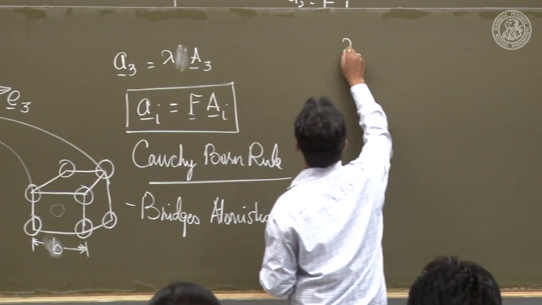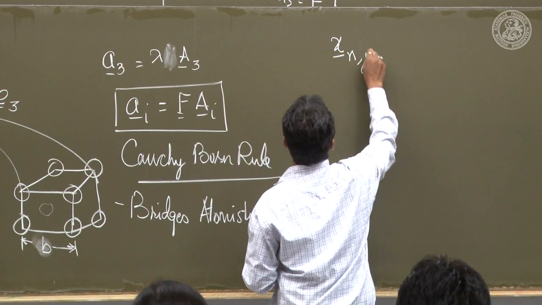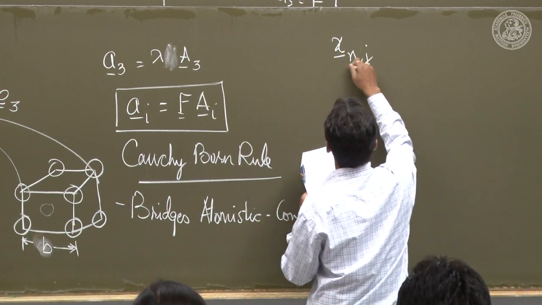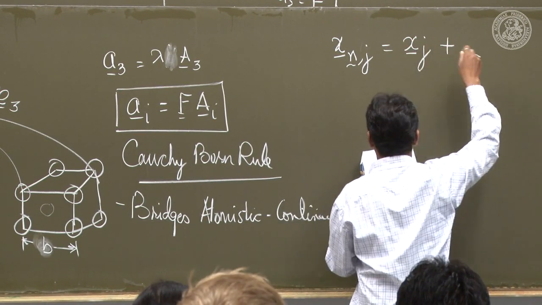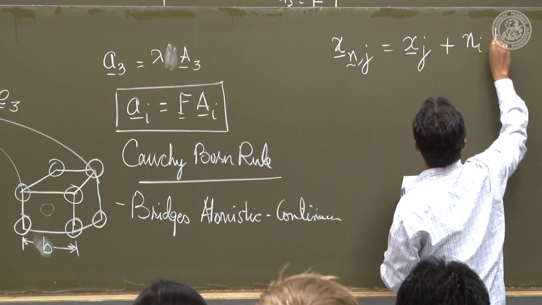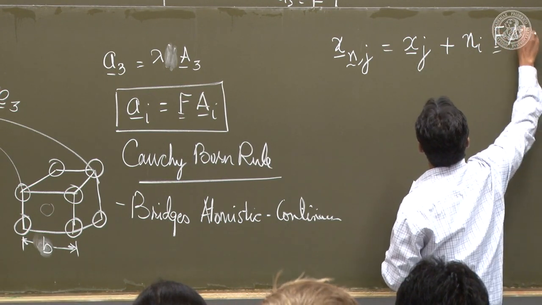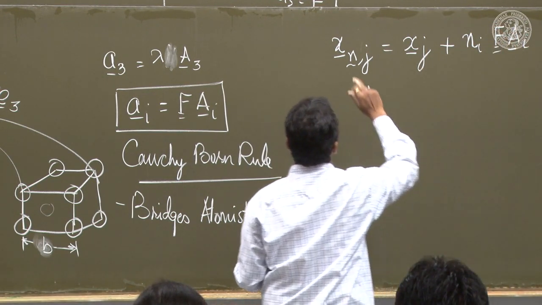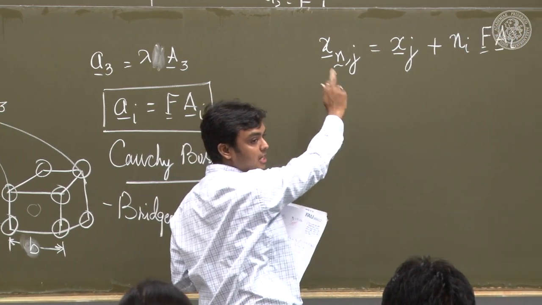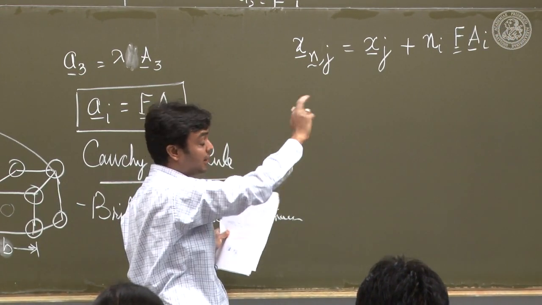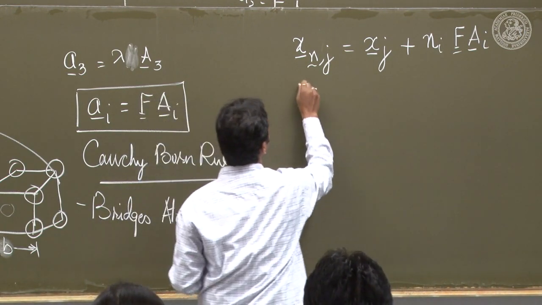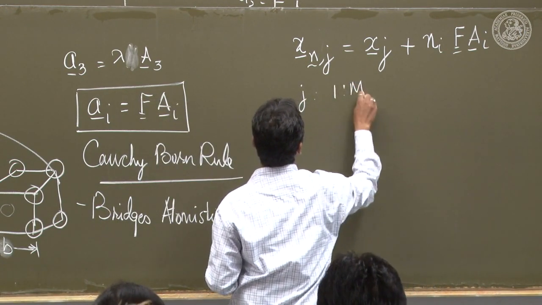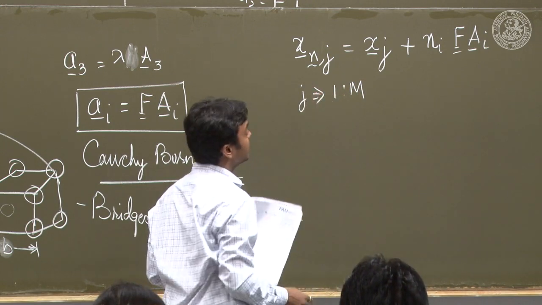So they deform via this map, where j is your basis atom. j runs from 1 to M.